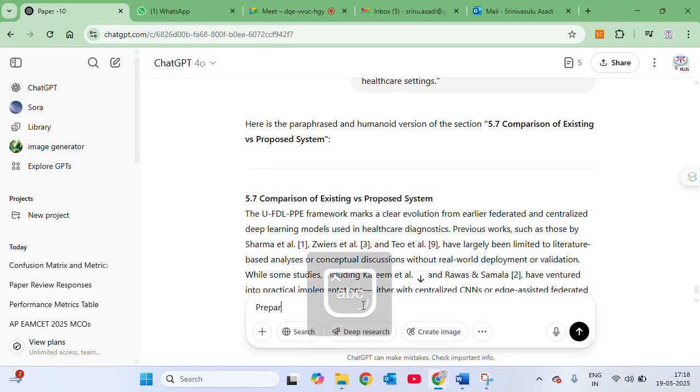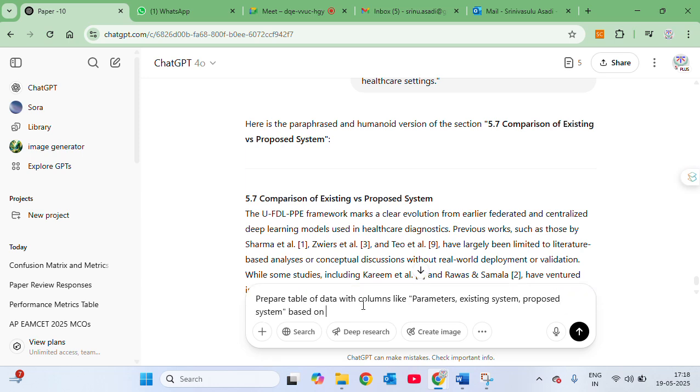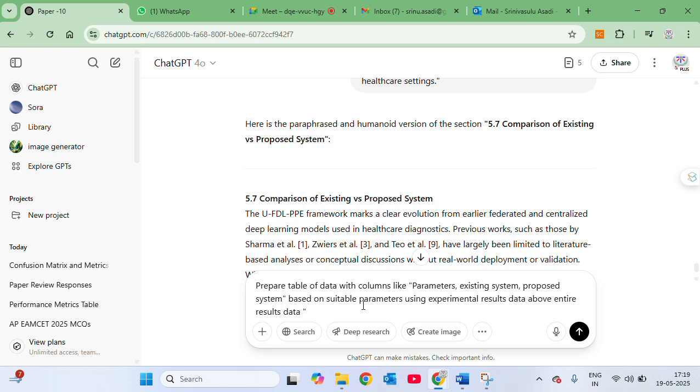Prepare a table of data with columns like parameters, existing system, proposed system, based on suitable parameters using the experimental results data, the above entire results data, and also use this data, meaning our paper data.